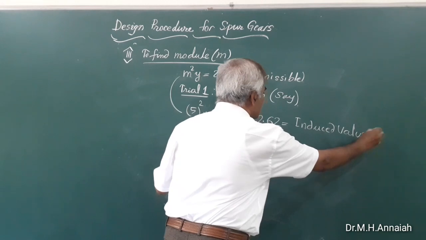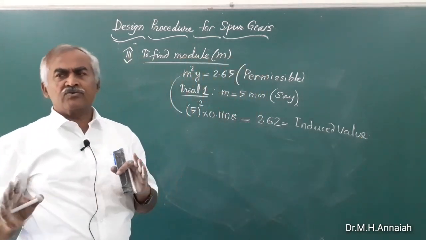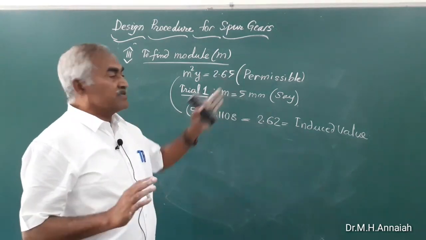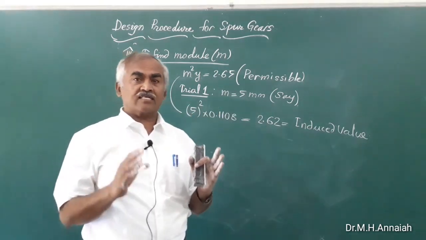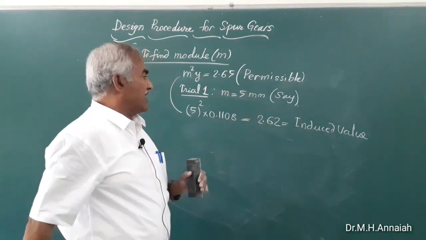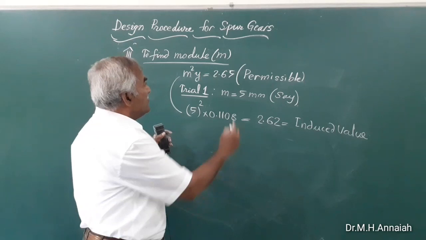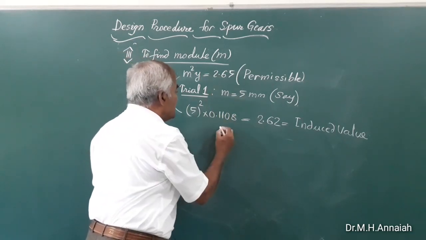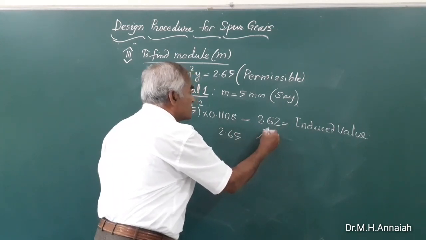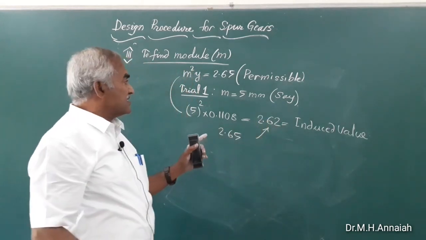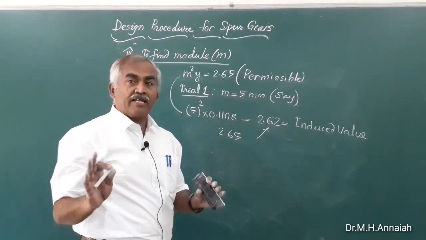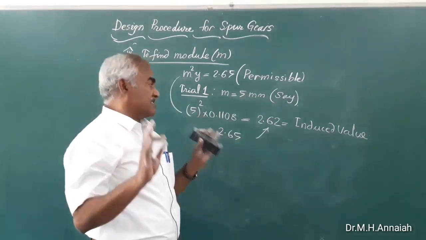Friends, you know in machine design that the induced value can be equal to the permissible value or it could be lesser than that and it can never be greater than the permissible value. So, in this problem we find that the permissible value is 2.65 whereas the induced value is 2.62. That means the induced value is lesser than the permissible value and hence the design is safe.